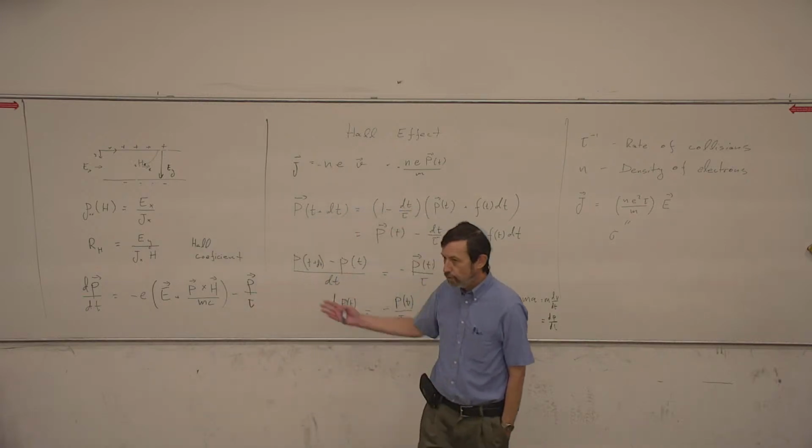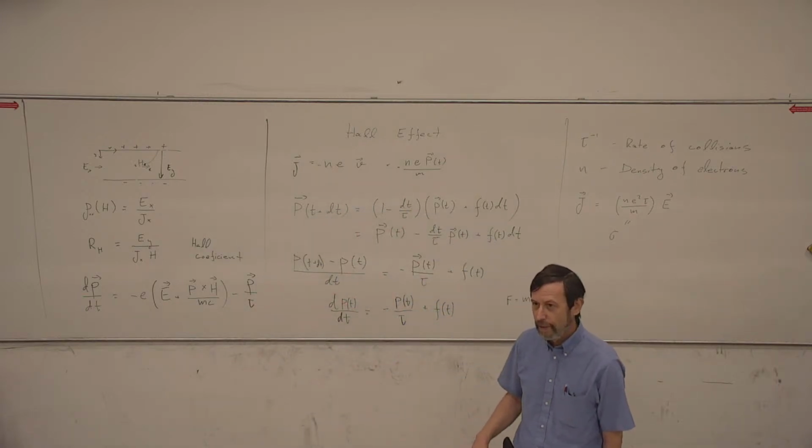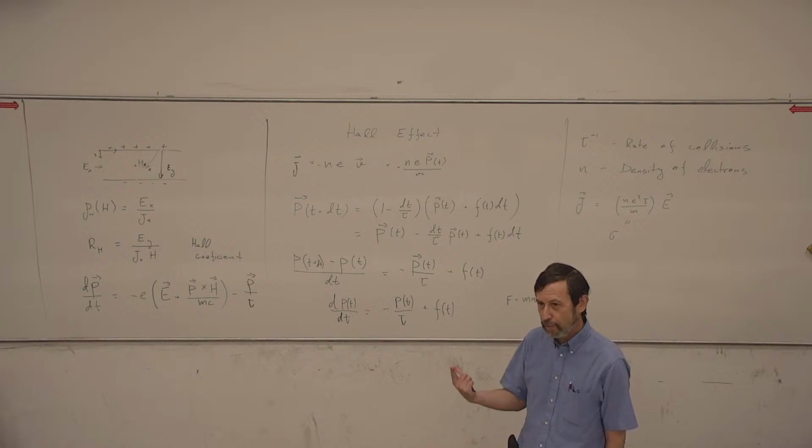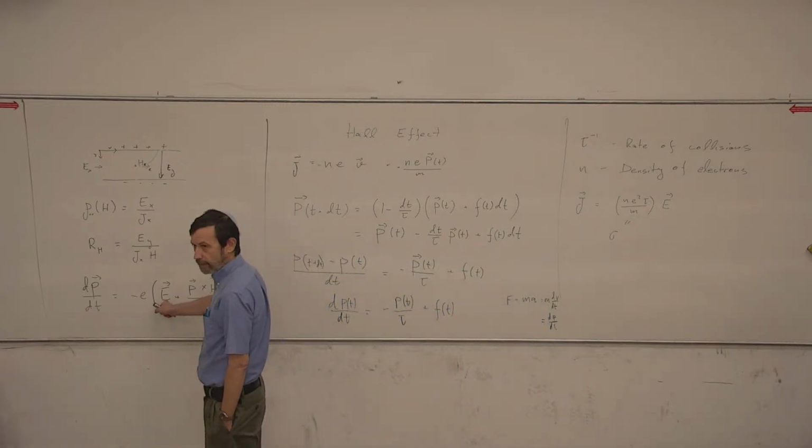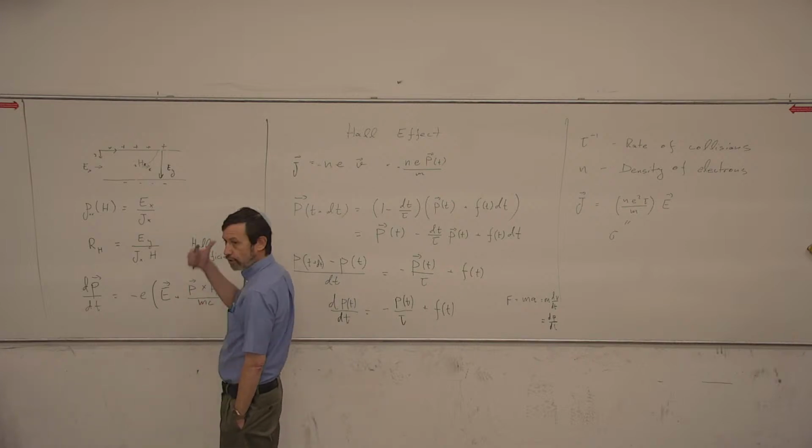okay, so I have to solve this equation. P has two components, Px and Py. We have Ex and Ey. And we have Hz.